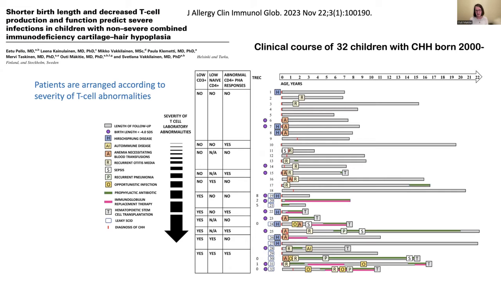They very often had anemia requiring transfusions, and some had recurrent otitis media, some had autoimmune disorders. So quite a lot of problems accumulated in this group of patients over the years. So maybe these T cell values really have a predictive value.